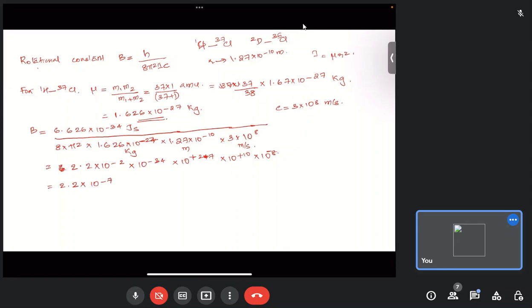This will be in meters. Joule seconds is in the numerator, and the denominator will have kilogram, meter per second.